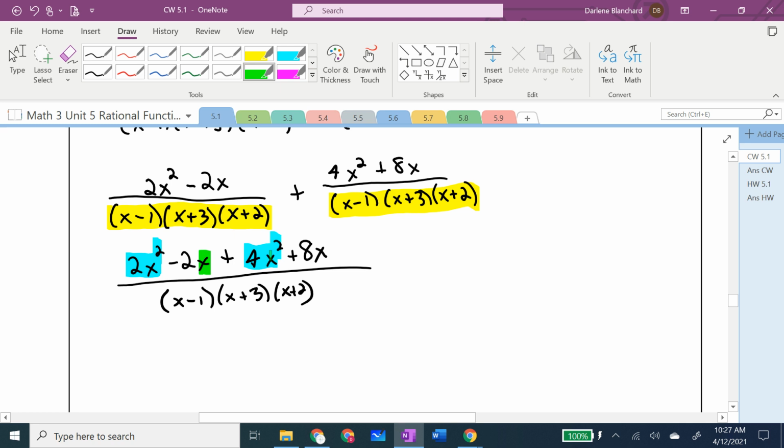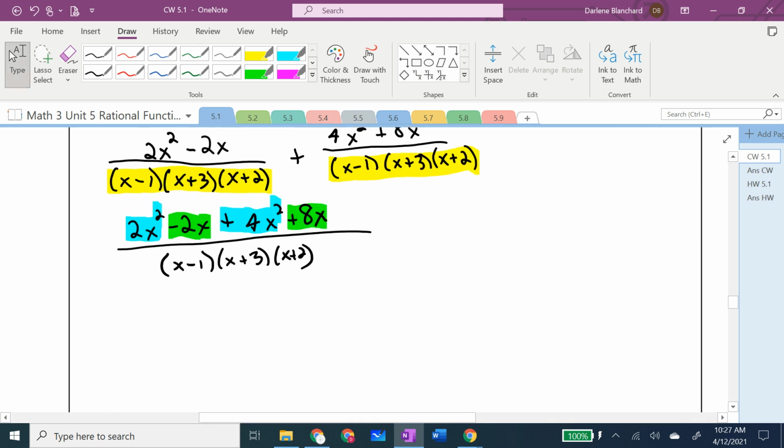I see lone x with another lone x. So these are also like terms. So 2x squared plus 4x squared, 2 plus 4 of the x squareds. Negative 2x's plus 8x's. Negative 2 plus 8 gives me 6 of those x's.